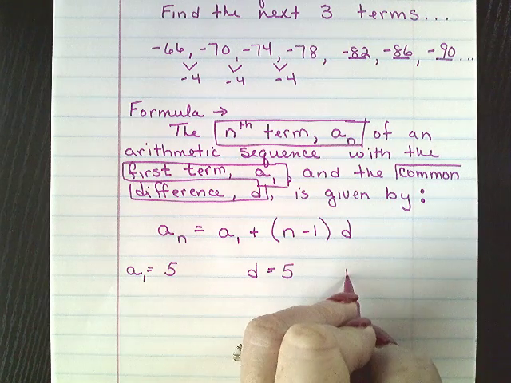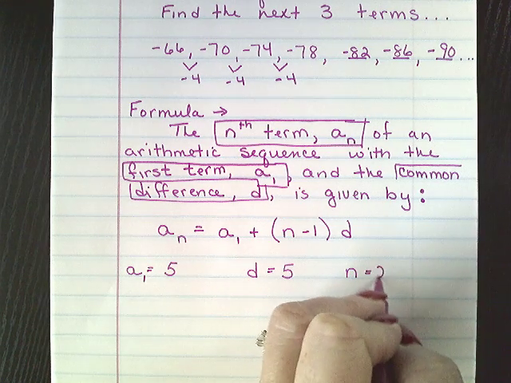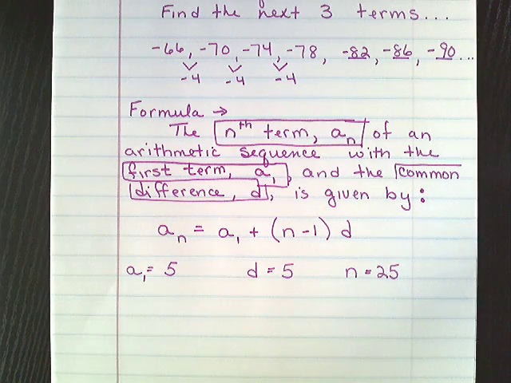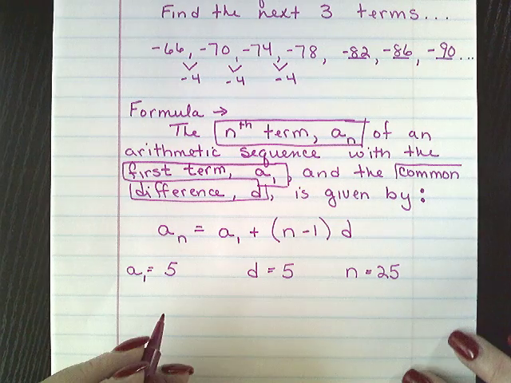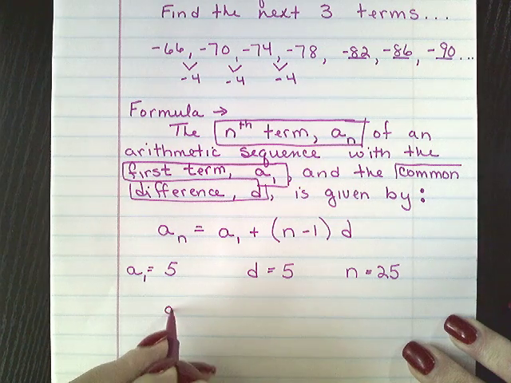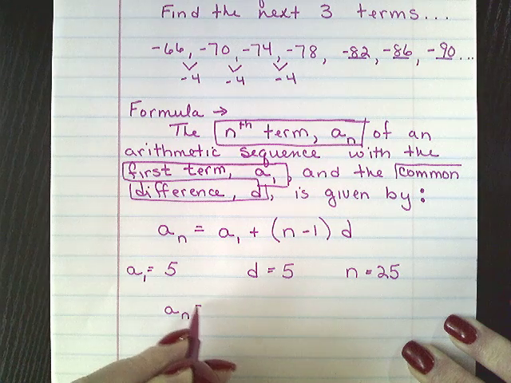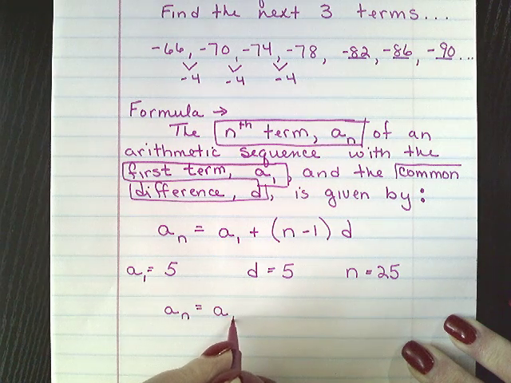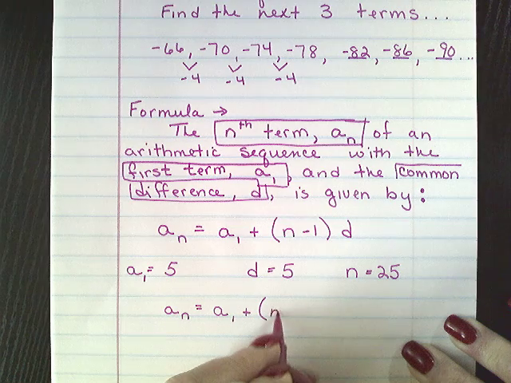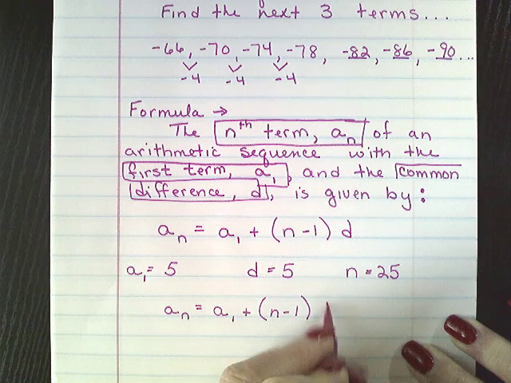And n is the nth term, which is going to be 25. So we want to know what is that 25th term in the sequence. So we're going to use our formula: a subscript n equals a1 plus n minus 1 times your d.